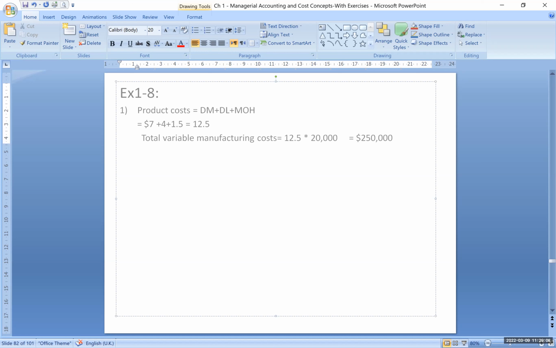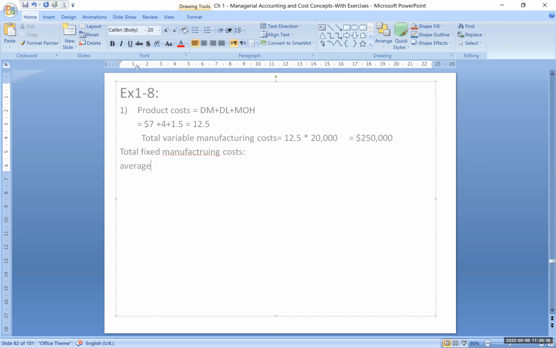Now we have to add the total fixed manufacturing costs. The total fixed manufacturing costs will be what?